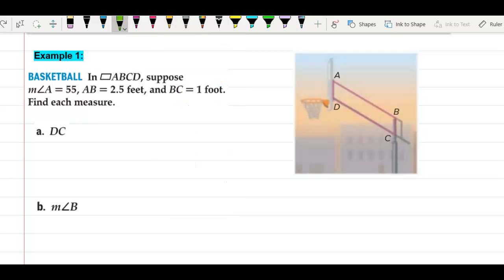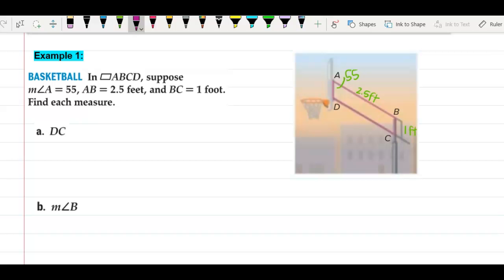Maybe green would work. So angle A is 55. AB, between A and B, is 2.5 feet. And BC is 1 foot. Okay, so we want to find DC.